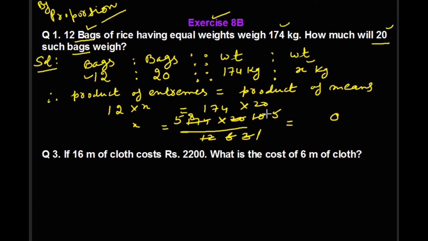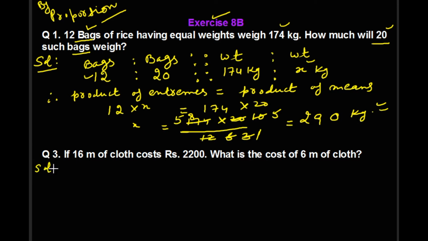So first we will multiply with 8, 8 fives are 40, 5 fives are 25 plus 4 is 29. 290 kg would be our answer. So this is the proportion method.